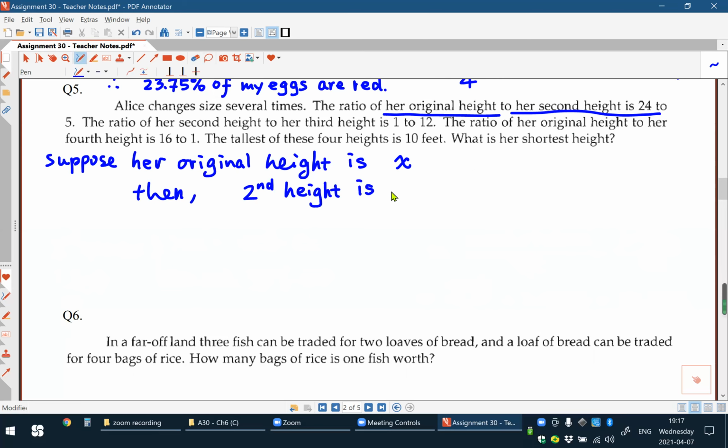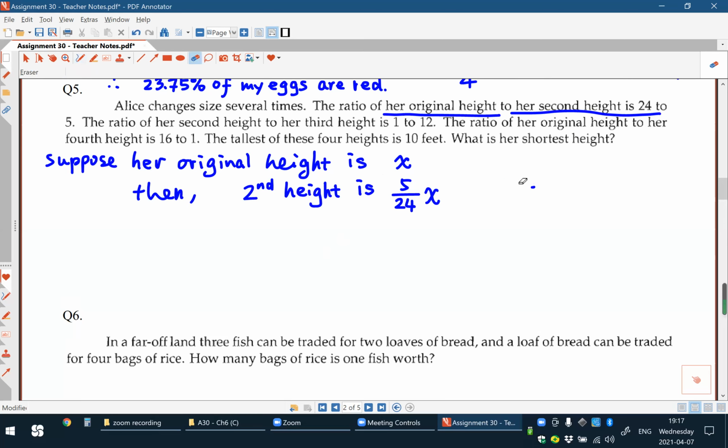So the second height is 5 over 24x. Do you understand? Any questions here? Because x to 5 over 24x is 24 over 5, right?